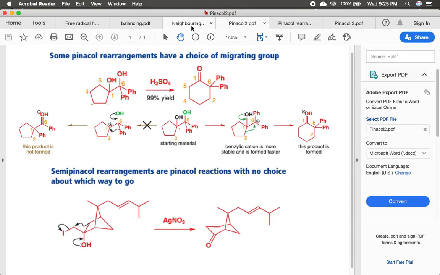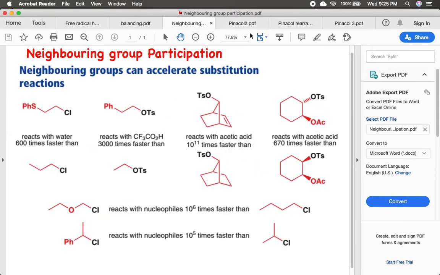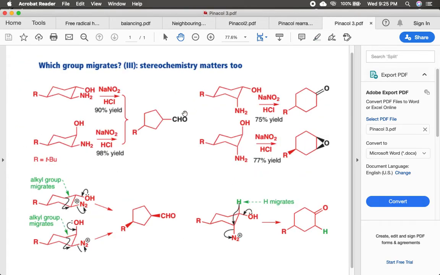The last important aspect of this rearrangement: which group should migrate? Sometimes you have a choice of migration. For example, in this case, either this group can migrate or the hydrogen can migrate.